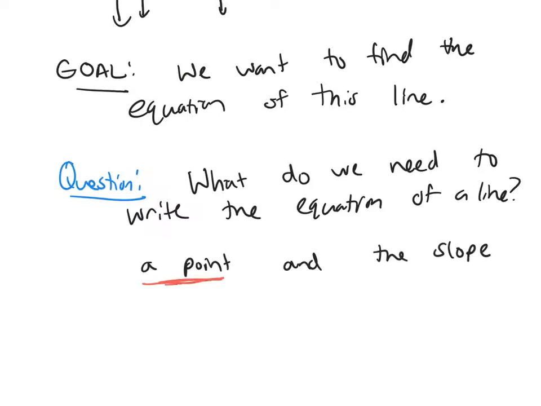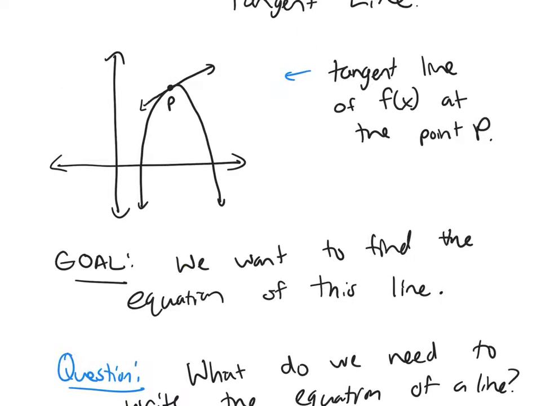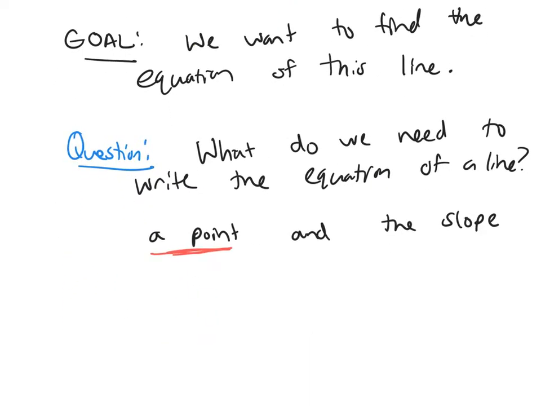So first, let's start with a point. If we go back to our picture, we have a point on that line. That point is the point P. So we've already got this part right here. We've got that. It's my point P. So the only other part we're missing is this slope right here.